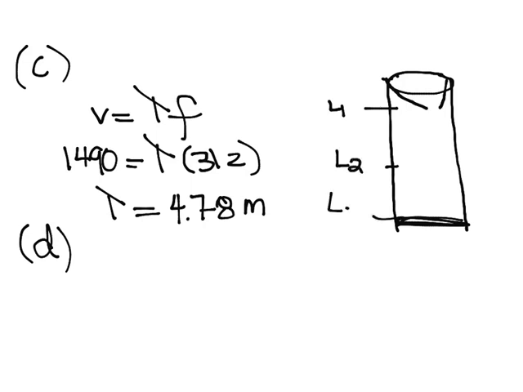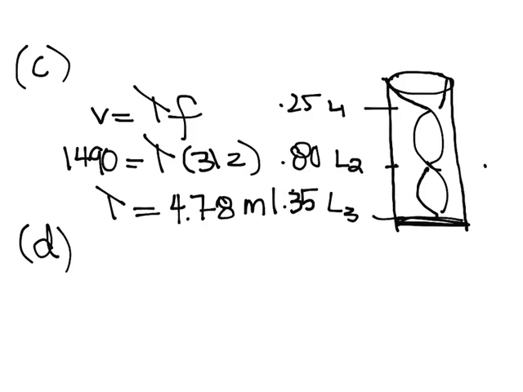L3 should be an additional half wave, so that we have exactly a half wave between each one. So we have 0.25, and then we have 0.80, and then the difference between those two is 0.55, so L3 should be an additional 0.55 meters past L2, which ends up being 1.35 meters.